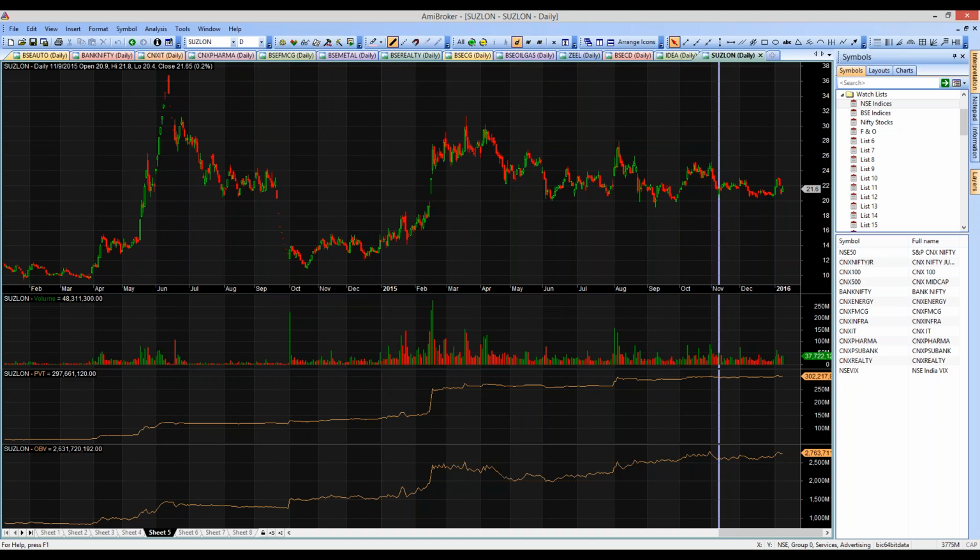PVT is price volume trend, as you already know, and OBV is on balance volume, right? So these are the two volume studies that we will also be looking at going forward. You may want to revise your technical indicators on OBV and PVT. So I hope you remember that.